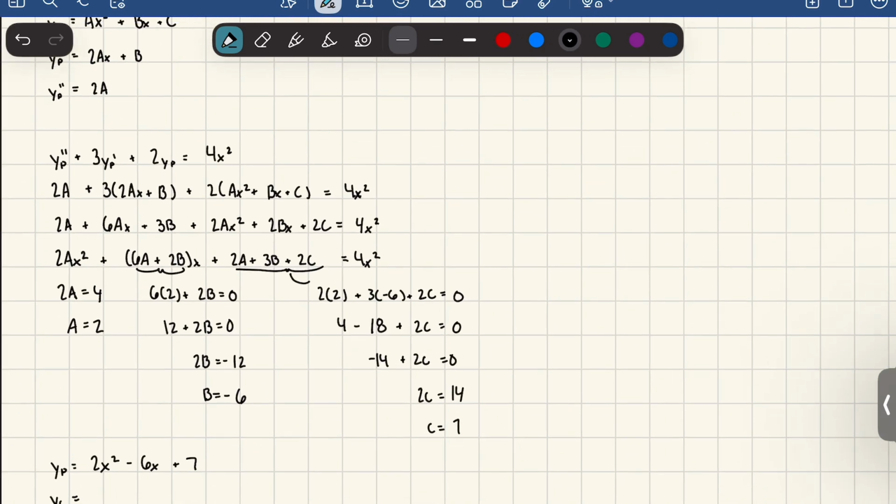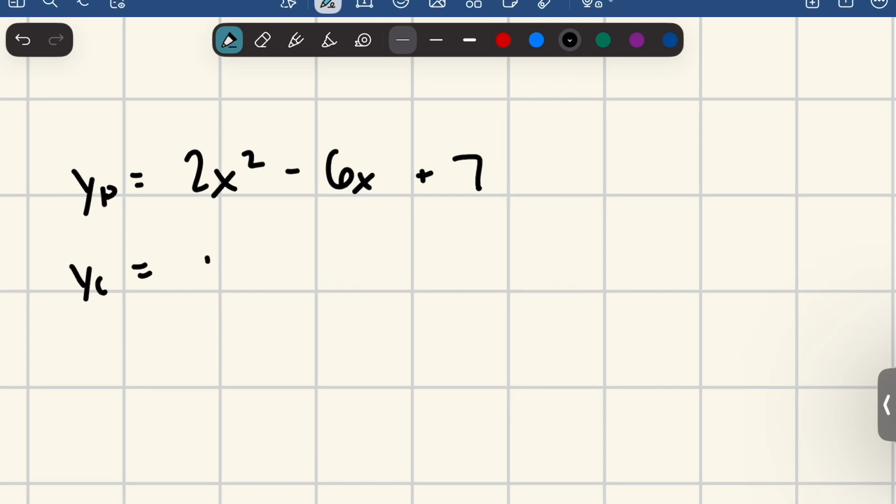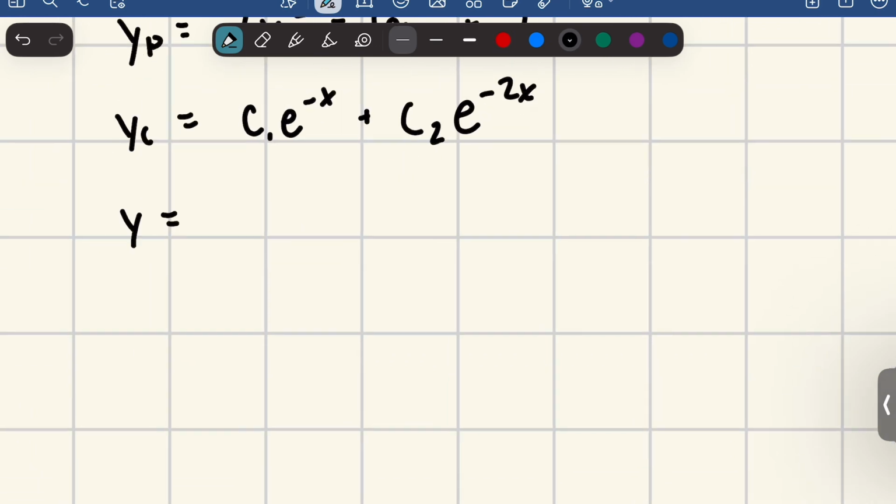C1 e to the negative x plus C2 e to the negative 2x. Then y equals yp plus yc. No, that didn't seem right. It's yc plus yp. Yeah.